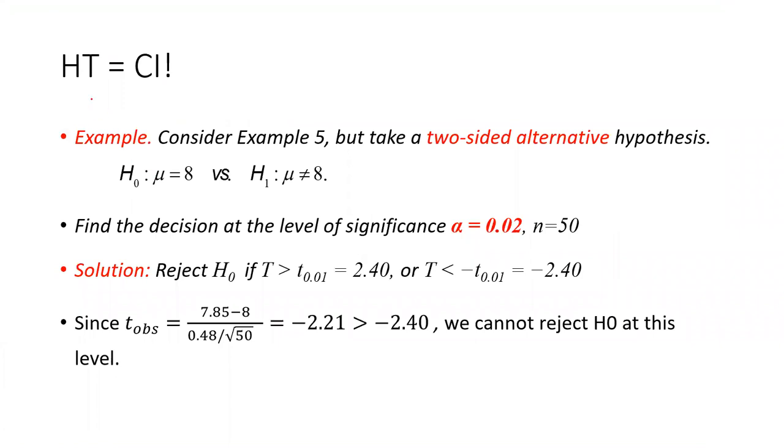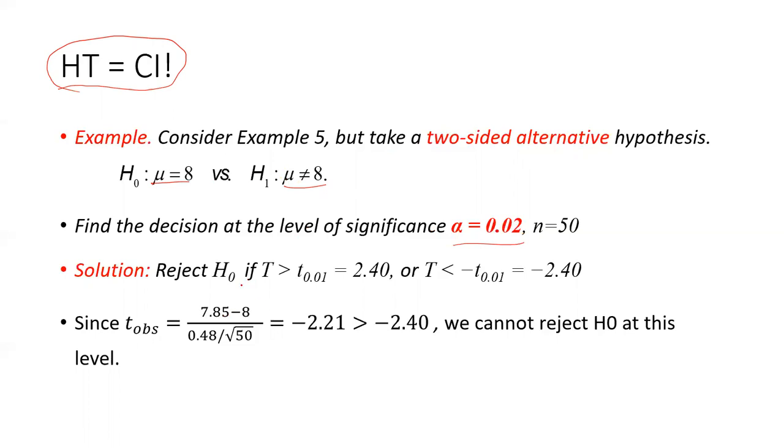Now, we will see again that hypothesis testing is equivalent to a confidence interval. We will make a two-sided alternative: a test where mu is equal to 8 versus mu is not equal to 8 at a significance level of alpha equal to 0.02.